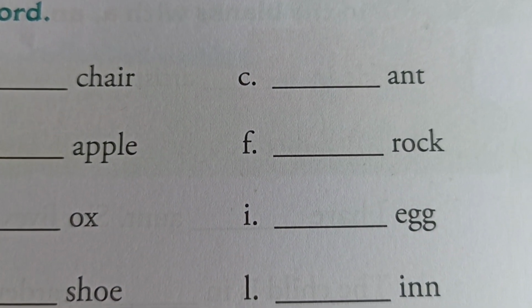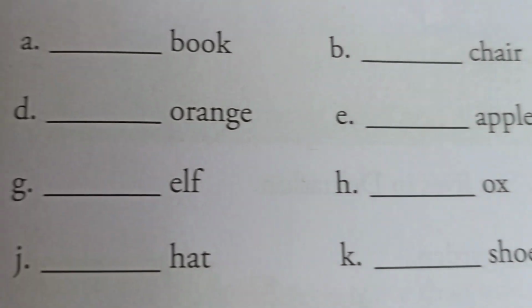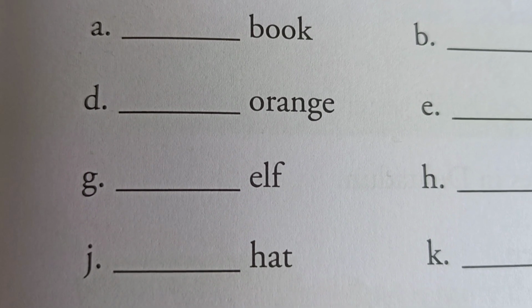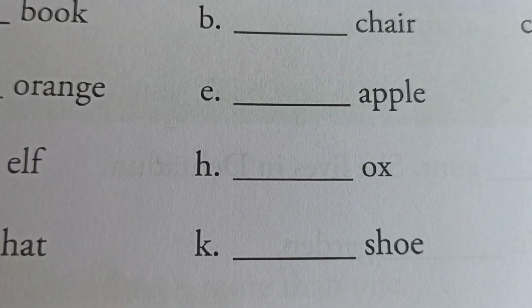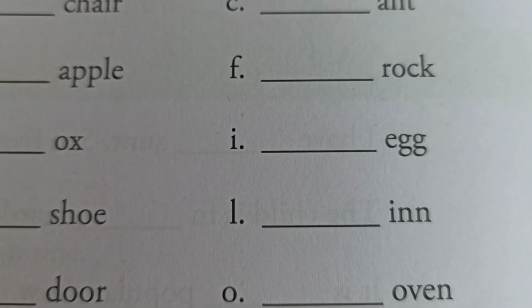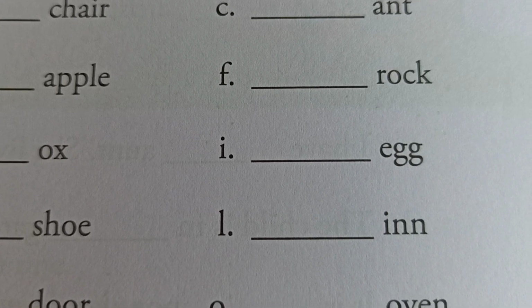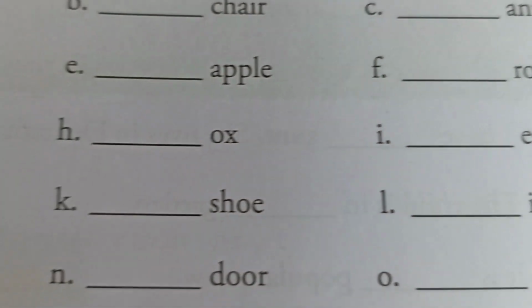Ant, a vowel sound, so an ant. Next, orange, o vowel sound, so an orange. Apple, a vowel sound, an apple. R, consonant sound, so a rock, R-O-C-K, rock.